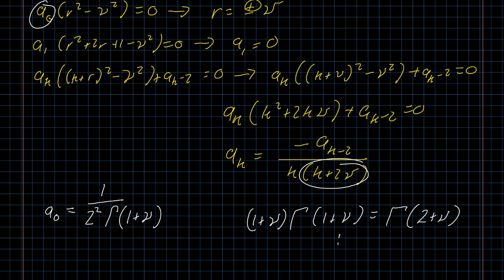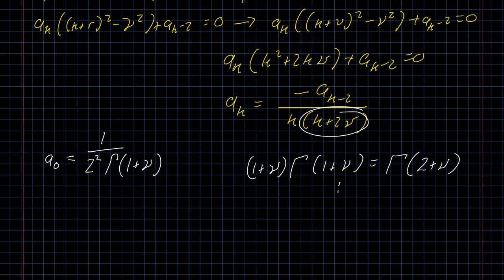So if you do this k times, if you multiply the gamma function of 2 plus nu times 2 plus nu, you'll get the gamma function of 3 plus nu, gamma function of 4 plus nu. Eventually, you'll get the gamma function of k plus nu. So that's the reason that we're going through and starting there.